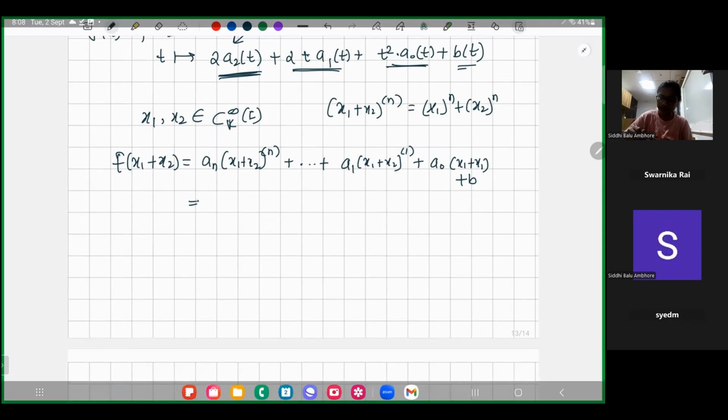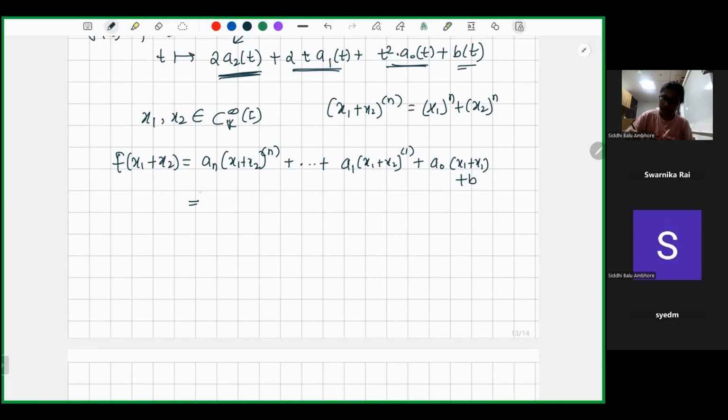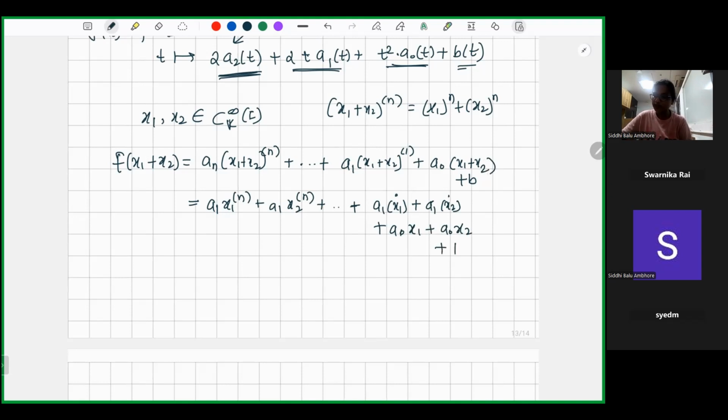Therefore I get an x1 nth plus an x2 nth, and so on, a1 x1 dot plus a1 x2 dot, plus a0 x1 plus a0 x2, and plus this b.